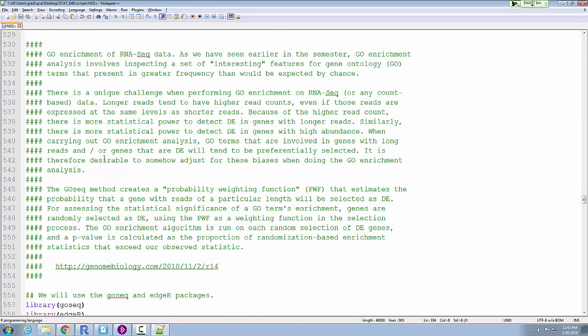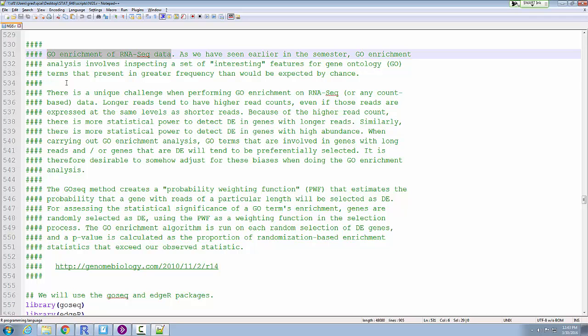And I'll just briefly show you what more is in here. So there is a package on Bioconductor that you can use to do gene ontology enrichment with RNA-seq data, next-gen sequencing data. Remember what GO enrichment is? We talked about it earlier in the semester. You can do that with negative binomial type models appropriate to read count data.